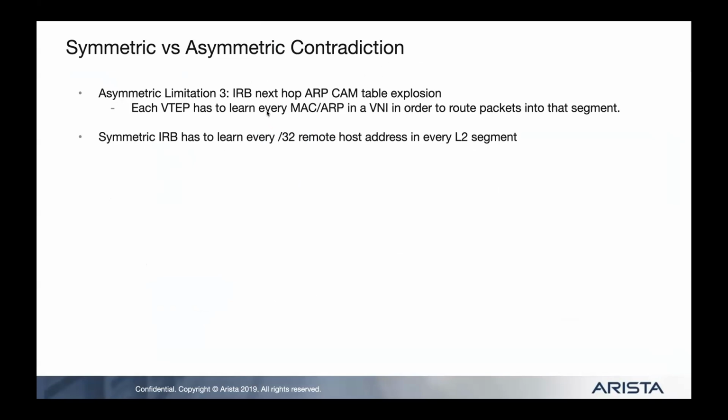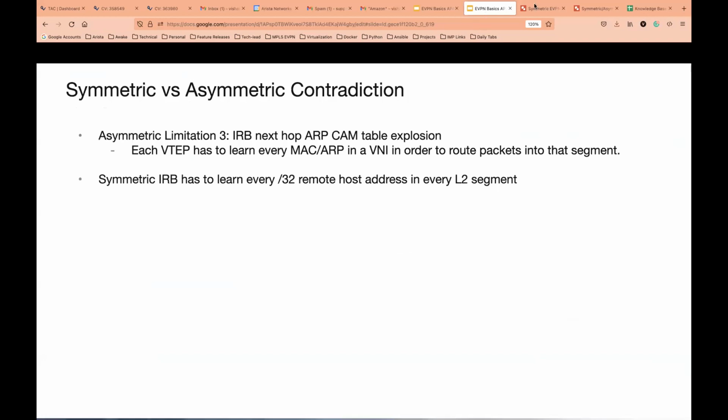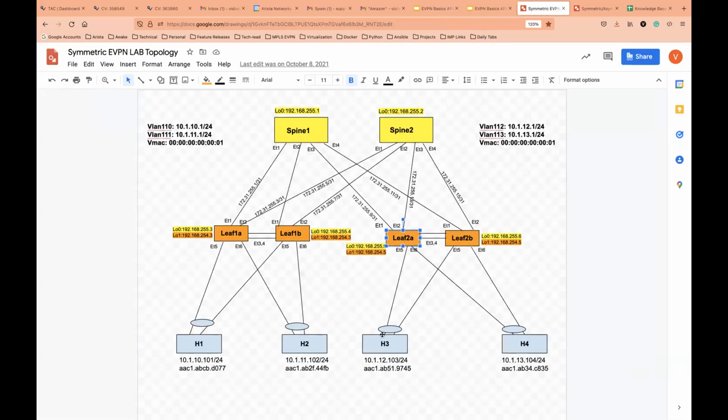Obviously ARP is not there, but you need to have a /32 route for all these hosts on this VTEP. If you have 100,000 hosts in your network, all the VTEPs should have these 100,000 /32 routes to forward the packets.